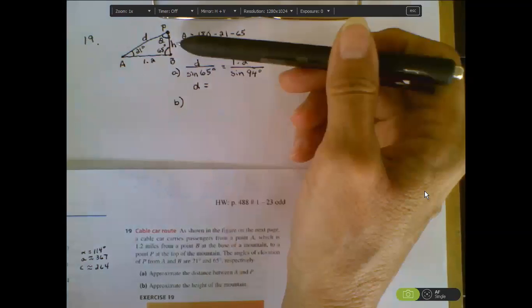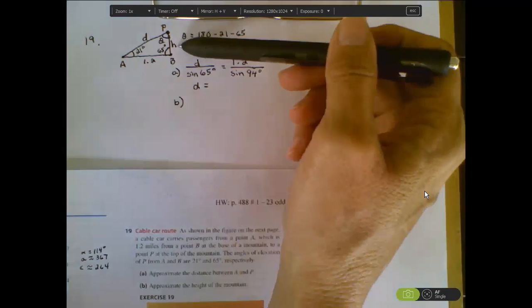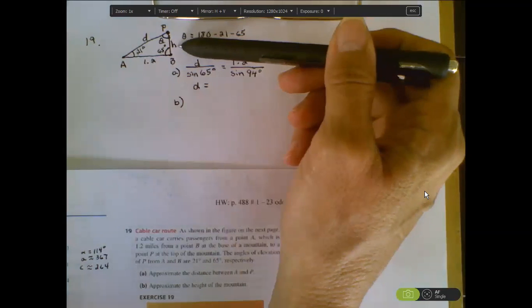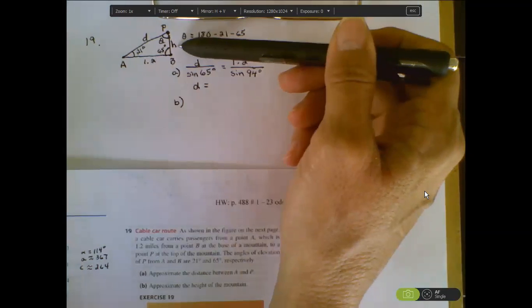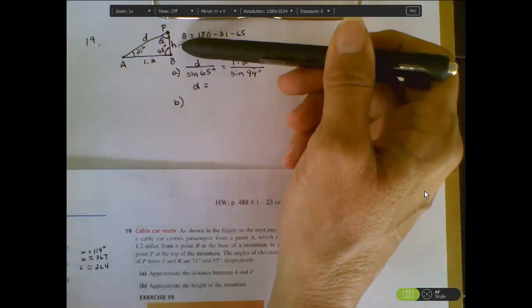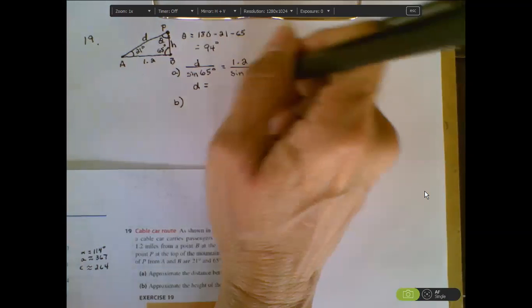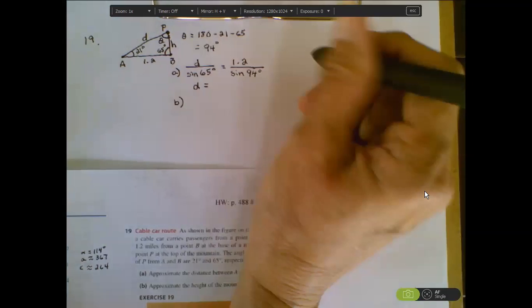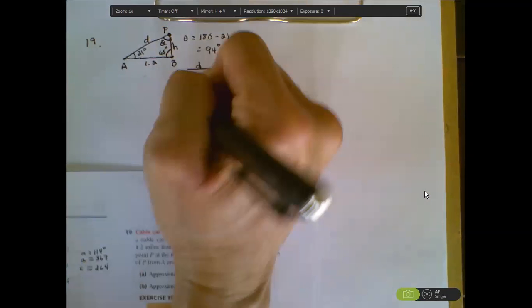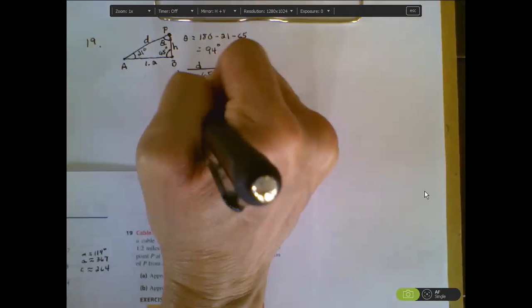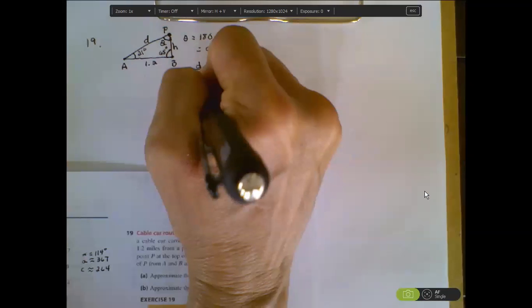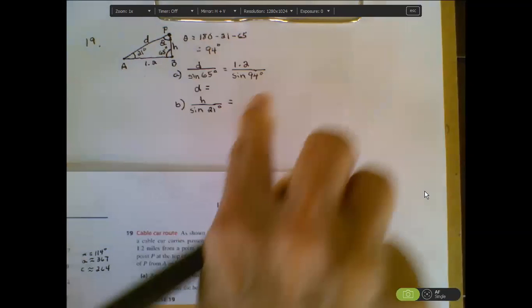Could I find H using the law of sines as well? Yes, because I have the same complete ratio. I have 1.2 over sine of 94 degrees, and I would just need to say H over the sine of the angle opposite it equals that same ratio.